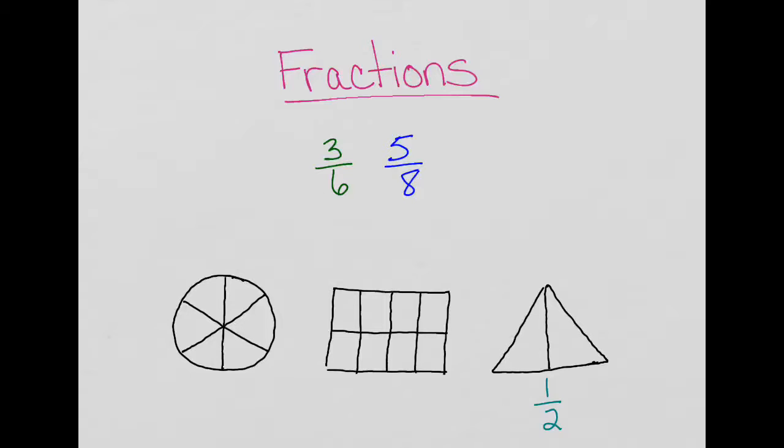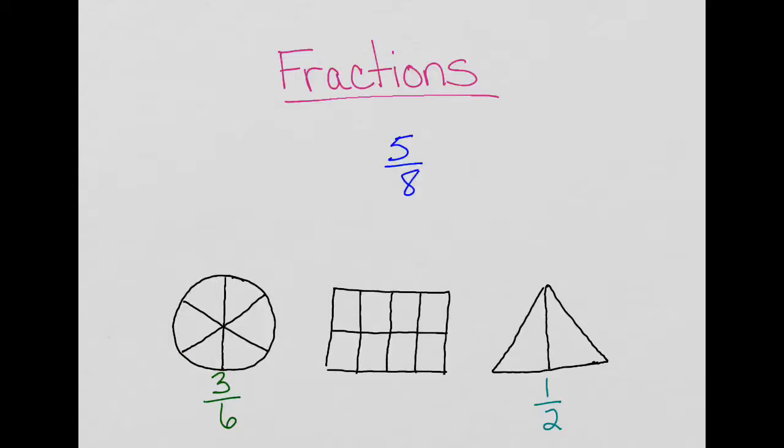Let me change that. Okay. What about 6 pieces? Do you see a shape that is cut into 6 equal pieces? All right, if you said this circle shape, you are right.